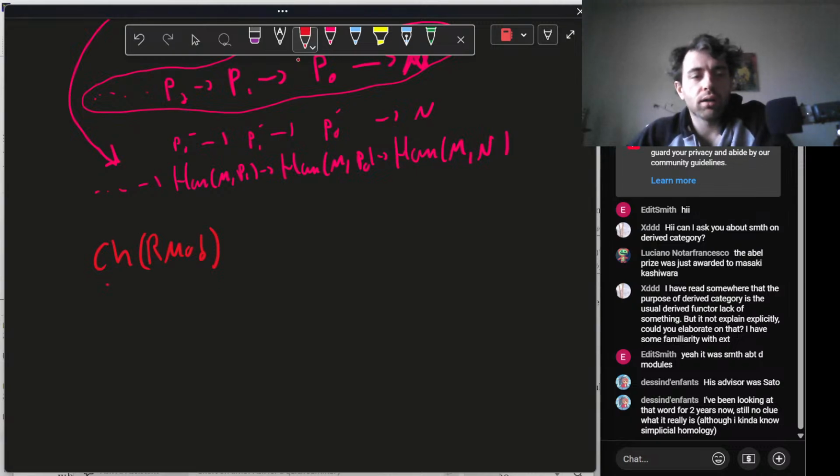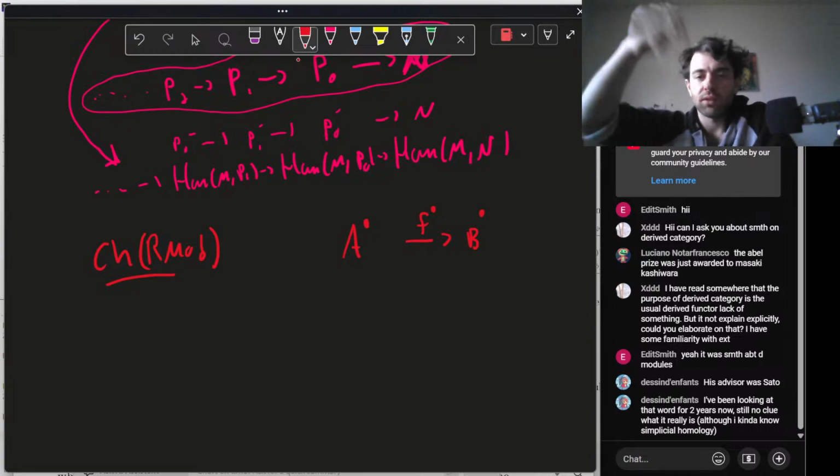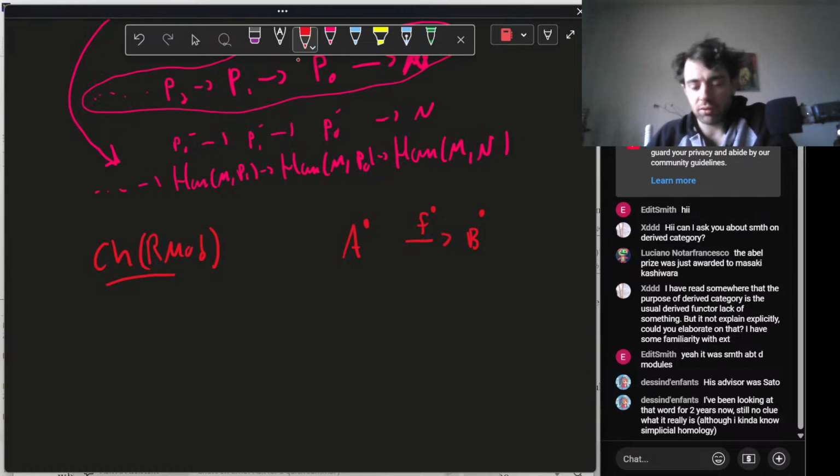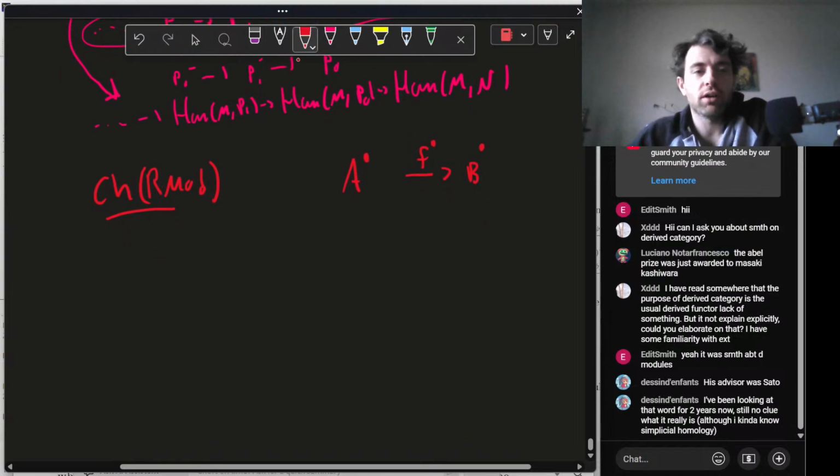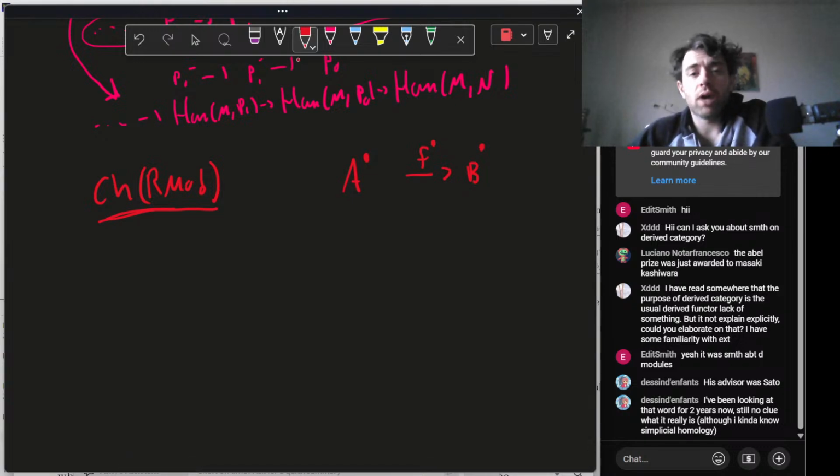So we realize chain complexes are objects unto themselves, and we can define maps between them, which are just maps at each level, commuting with the differentials of the complex. Now we can just study the category of chain complexes as is, and look at isomorphisms of complexes in the ordinary sense.